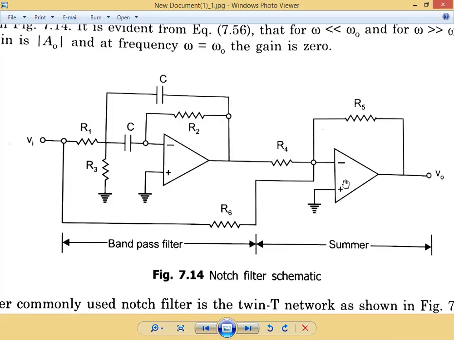This is one technique for implementing a notch filter. Another technique is using a twin T network. Using a twin T network, we are going to implement a notch filter.